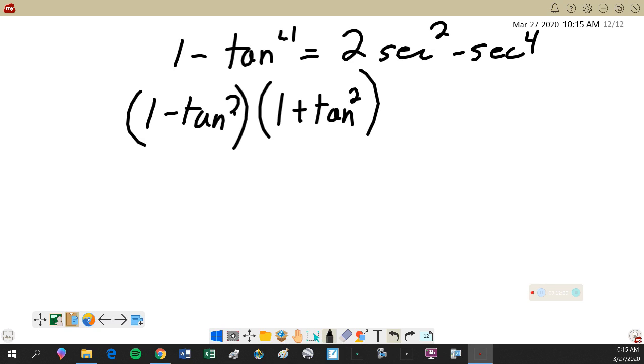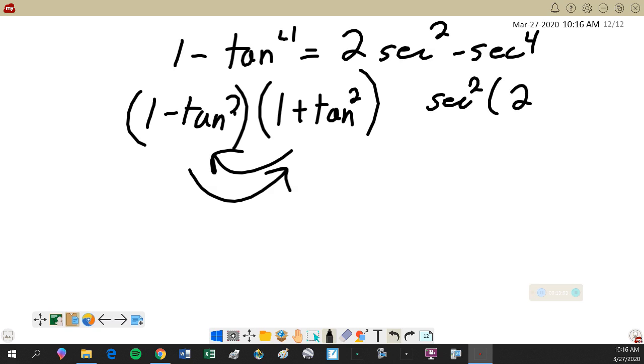And if you do, then you can multiply that in, whichever way you need to, depending on which one simplifies. And then just a hint on the other side, if I pulled out a secant squared, then I would get 2 minus secant squared. Anyway, hopefully that's enough of a hint to allow you to solve that one. If not, again, let me know. I'll help you out. Good luck.